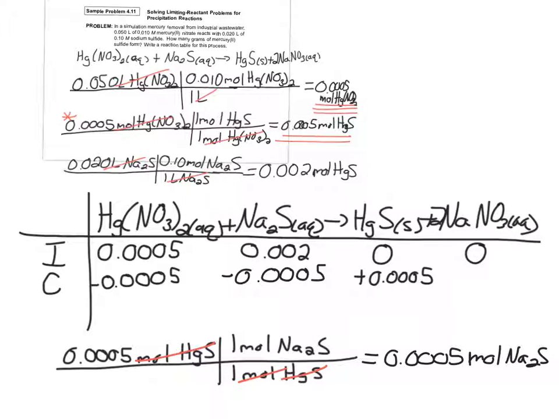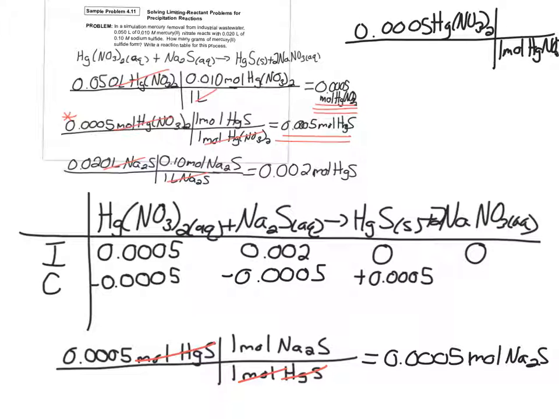And very similarly, we can figure out how much sodium nitrate we made. If I used 0.0005 mercury nitrate, and I set up my T here, for every 1 mole of mercury nitrate, I got 2 of those, so I can make 2 moles of sodium nitrate.